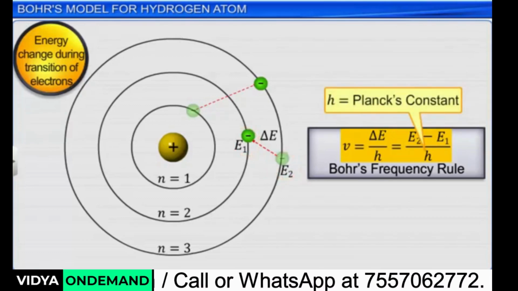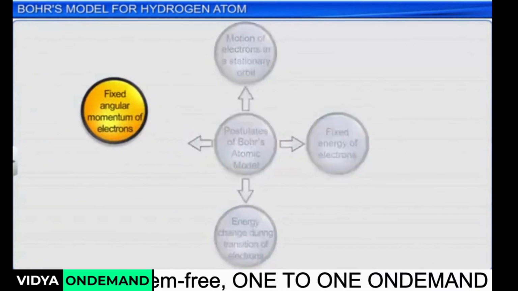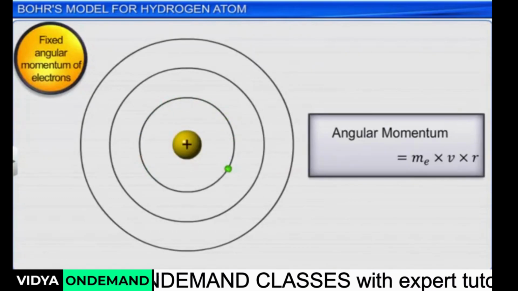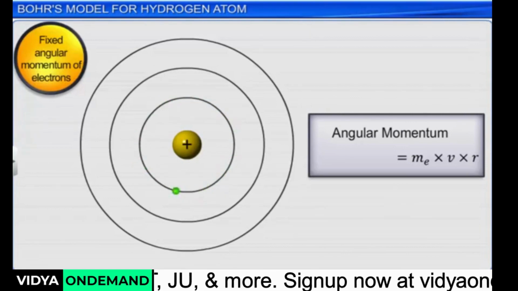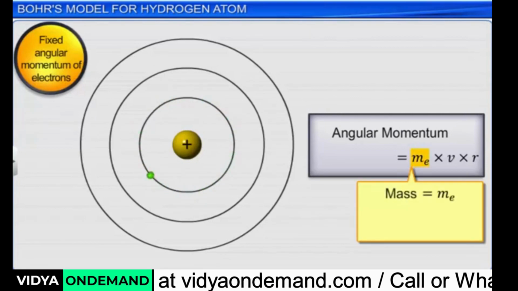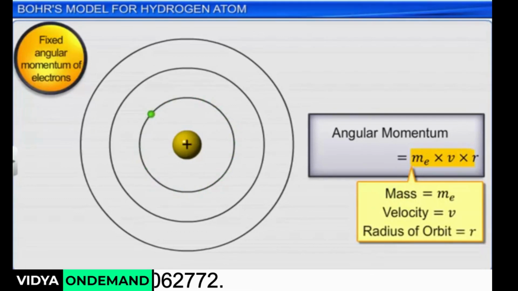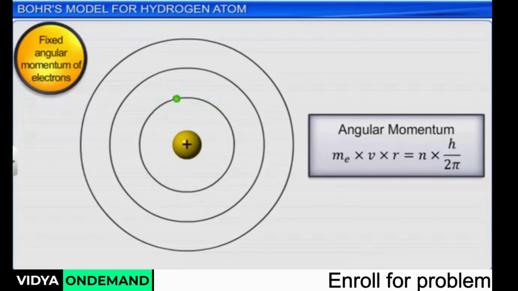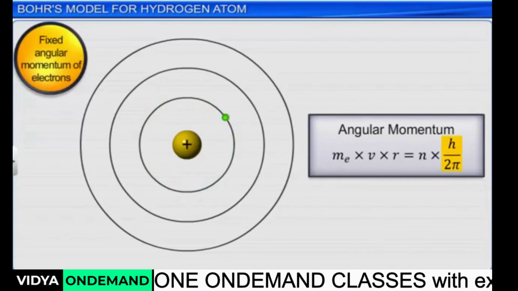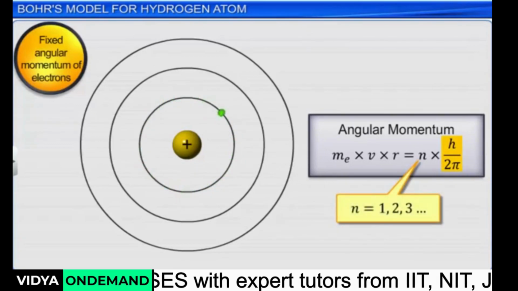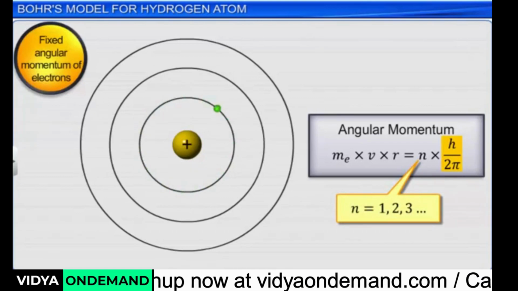The fourth postulate states that an electron moving in a circular orbit has an angular momentum equal to the product of its mass me, linear velocity v, and radius of orbit r, which can be expressed as an integral multiple of h divided by 2 pi, where n is an integer that has the values 1, 2, 3, and so on, and h is the Planck's constant.